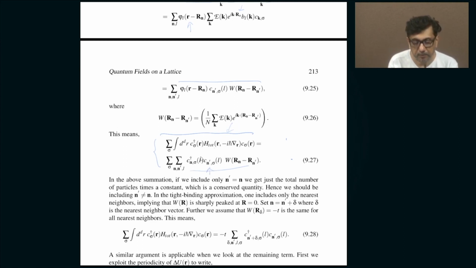And what is this way? So, what does it say? It basically says that the total energy of all the electrons of all the atoms, when you add them all up, amounts to annihilating an electron at some location Rn dash, and then creating it at some other location Rn, and then you multiply that.